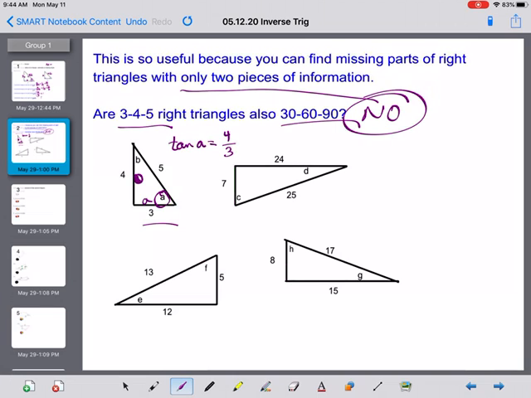So now on your calculator, make sure, again, you're in degree mode. And now to figure out A, you type in the inverse tangent of 4/3 equals A.